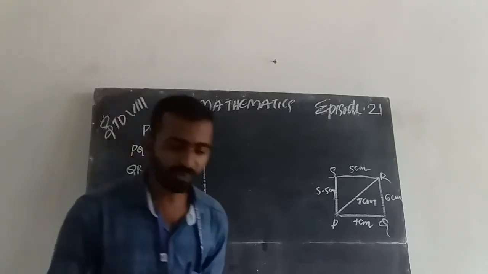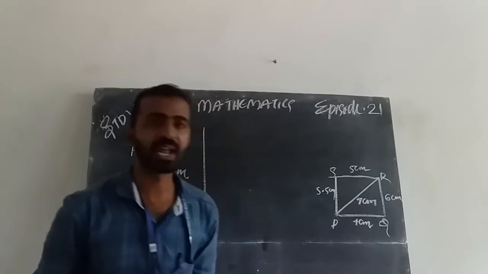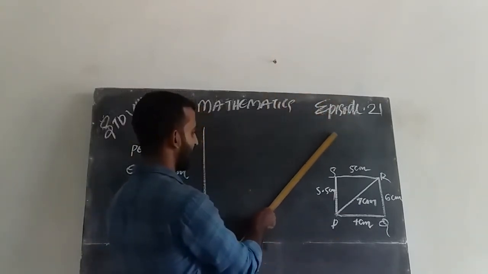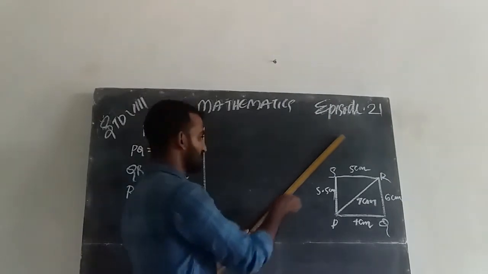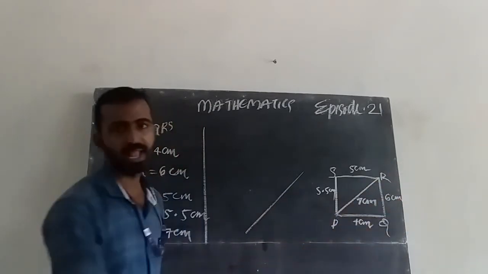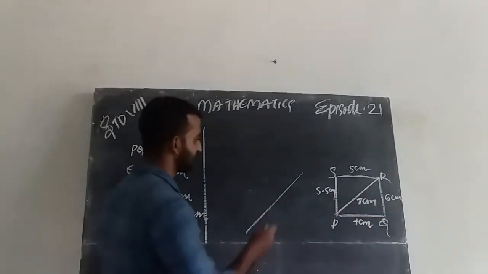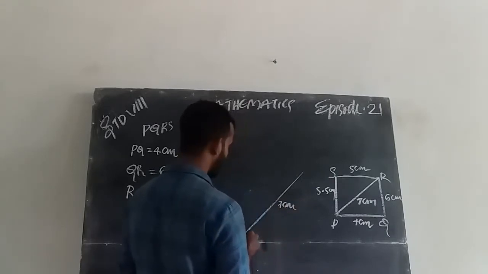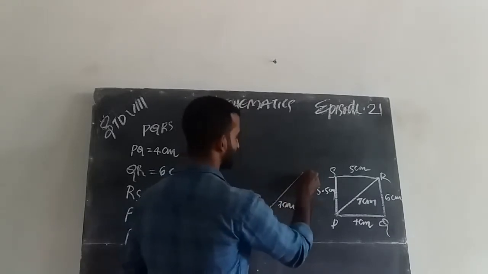First we draw the diagonal. Here I take a sloping line. This is 7 cm.